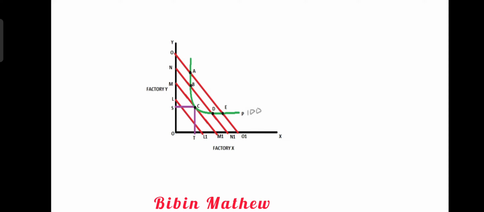Now the producer wants to produce 100 units, and this level of output is shown by the isoquant curve P. All the combinations on P, that is A, B, C, D and E, give this level of output, 100 units.